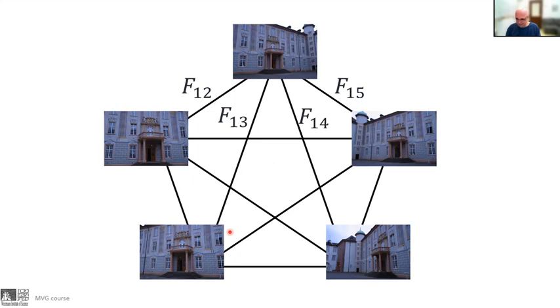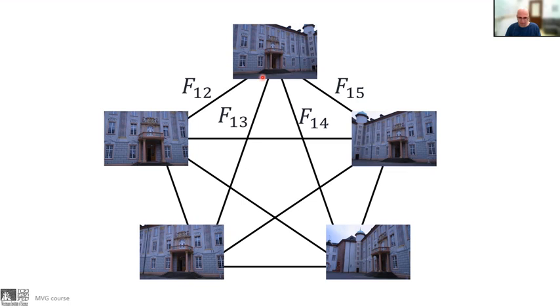In the rest of this class, I will go back to averaging problems. What we want to do next is averaging of fundamental and essential matrices. The idea is that we have a collection of images. We produce from them fundamental or essential matrices.